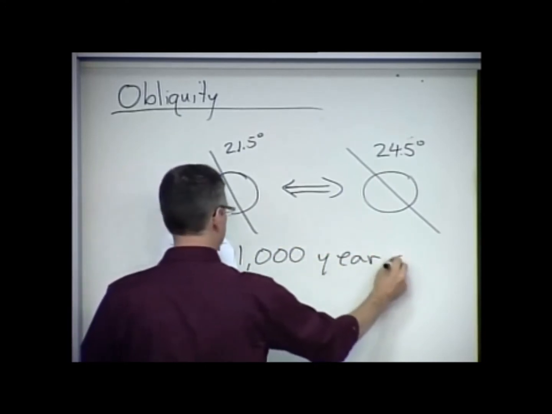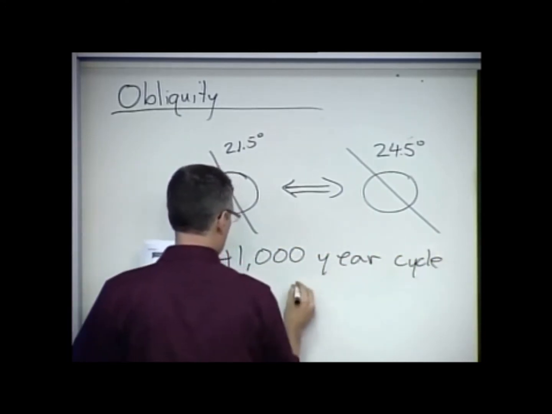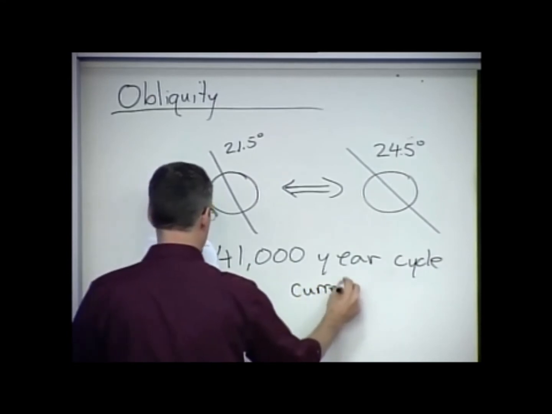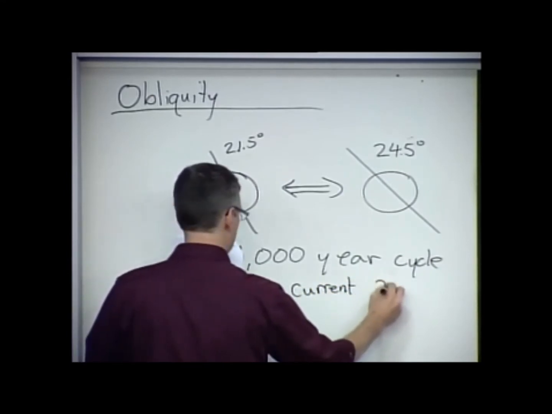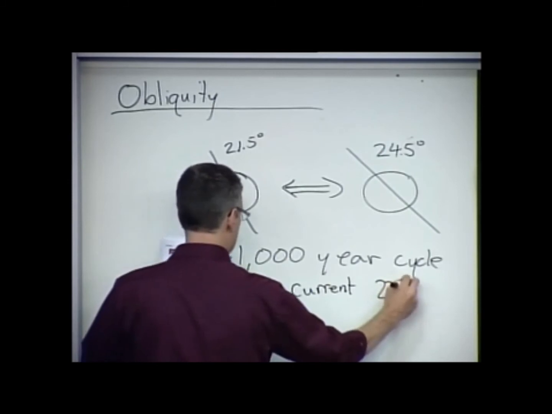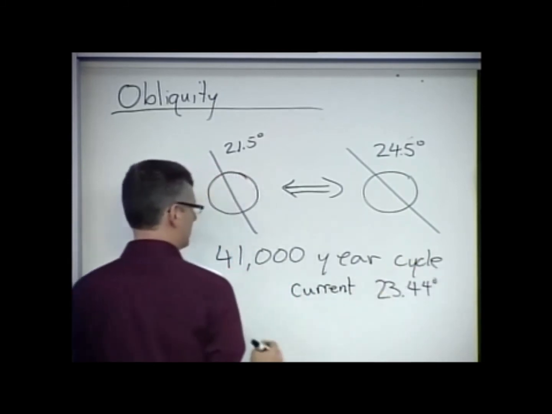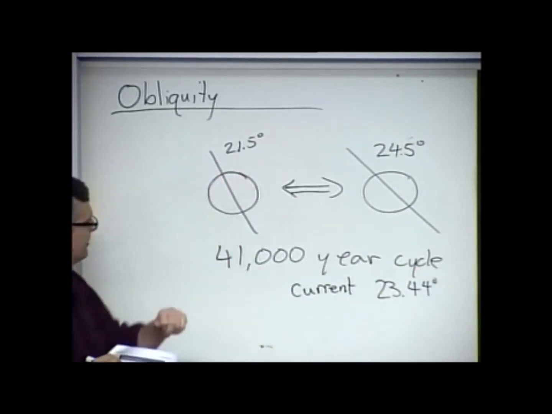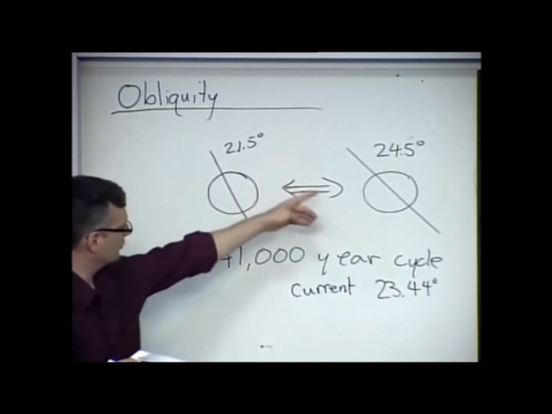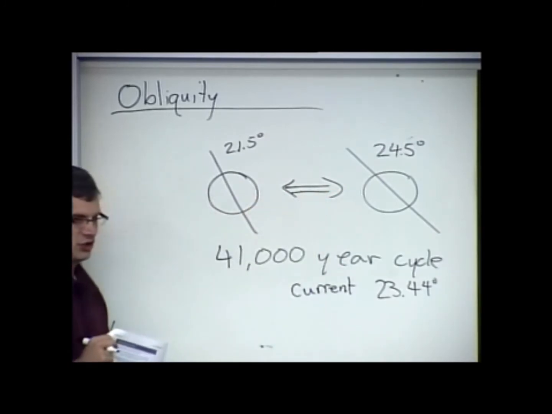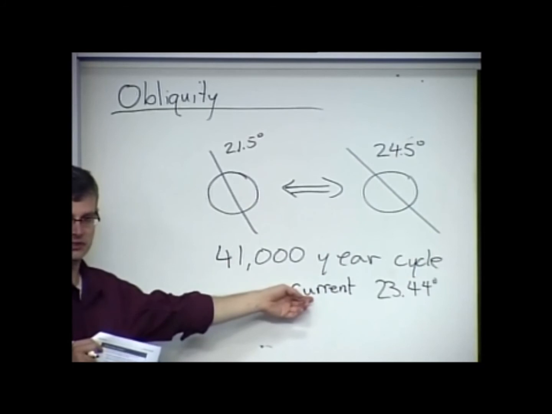The current obliquity is 23.44 degrees. So almost smack dab in the middle, maybe a little closer to the end, but certainly not the most extreme that the planet can get.